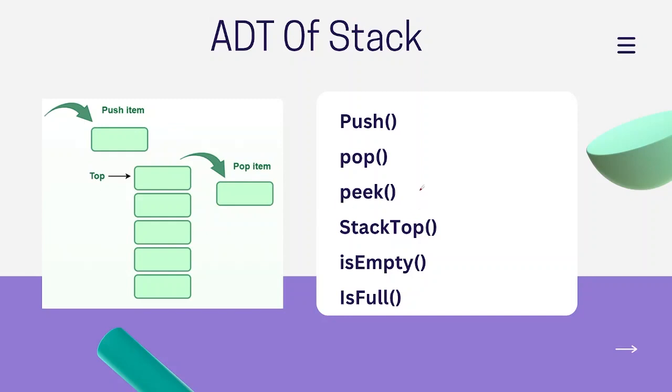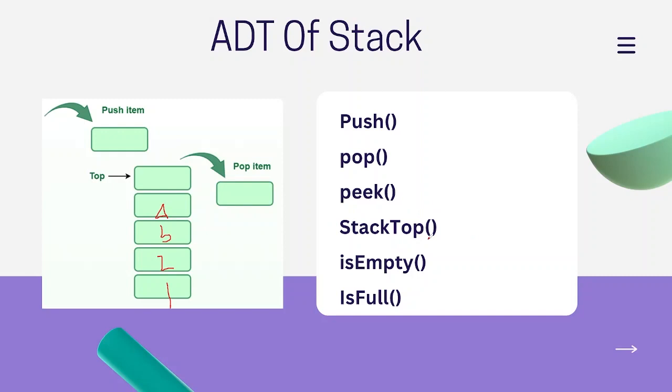Peek is nothing but seeing an element at a particular position. So if I have elements like 1, 2, 3, 4, and I want to see the element present at the second position, then I use the peek operation.